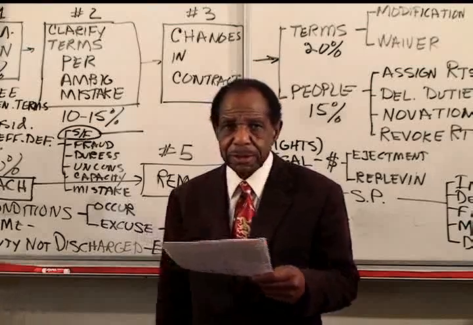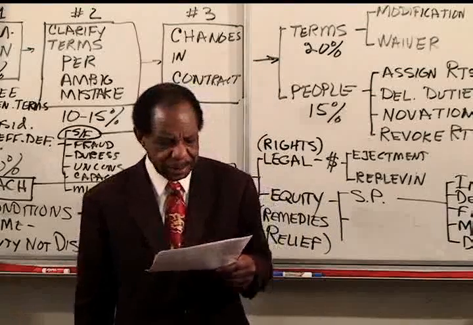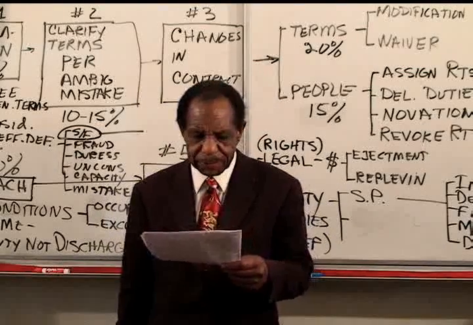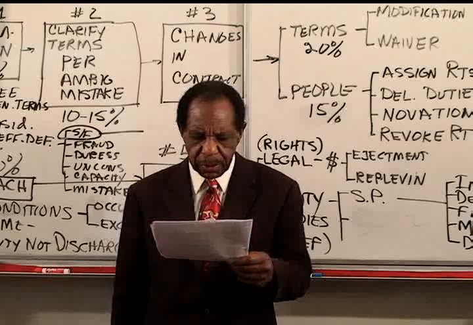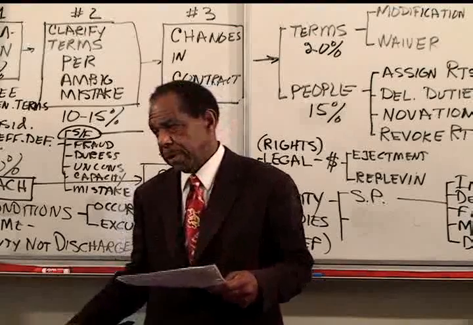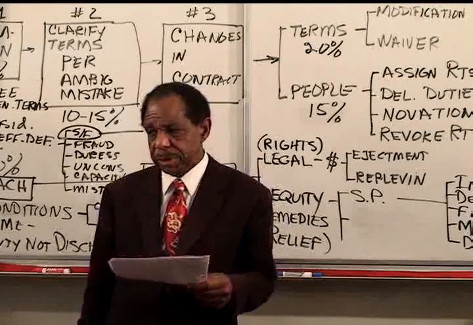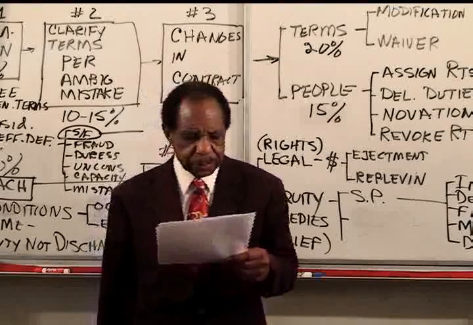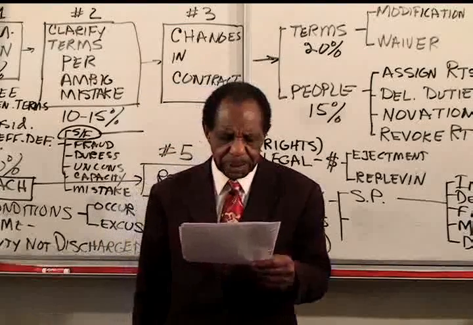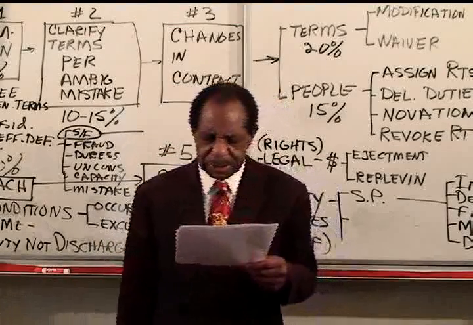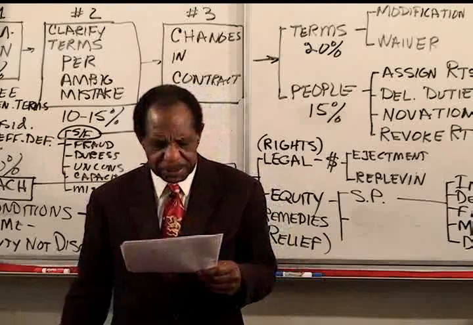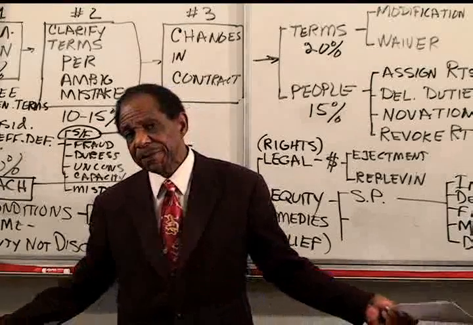Now, beginning in the third paragraph of this same problem, it says, remember this, the performance of the turbine is due on February 15th. It says on January 15th, buyer received a letter from seller requesting a 1-month delay. Well, that's a modification.